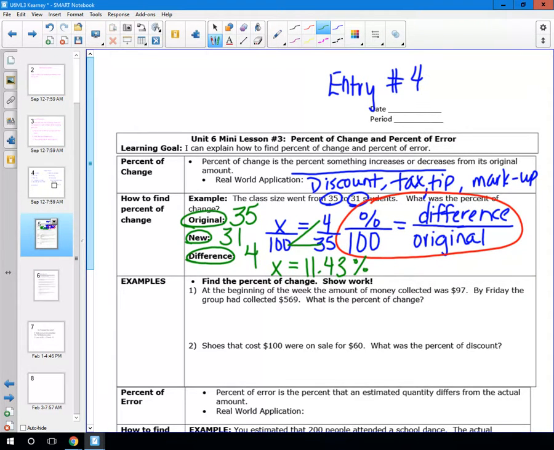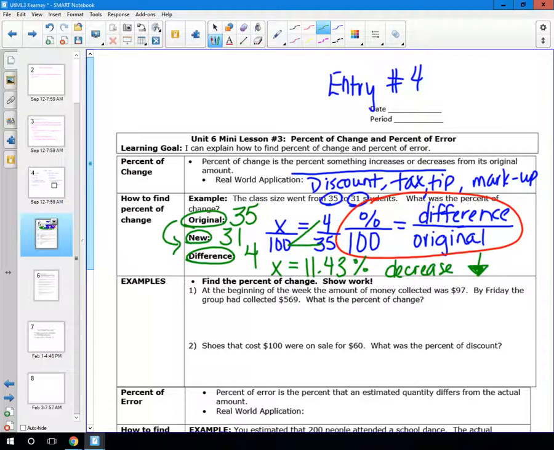Now, we also need to figure out, was it an increase or a decrease? Since we went from 35 students to 31, that was an 11.43% decrease. Or we can just draw an arrow down to show that it decreased. Okay? So just to recap, it's percent over 100 equals part over whole, okay?